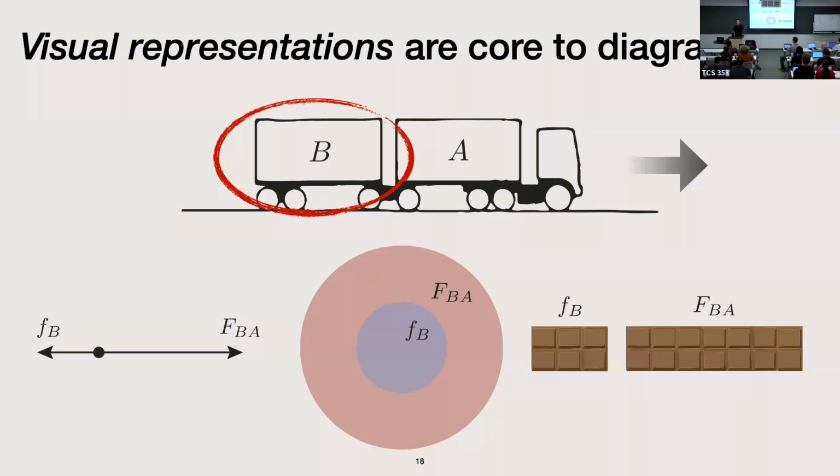And the chocolate bar one, I just came up with it and nobody will understand it unless I really explain it. So the point is this mapping from ideas such as forces with directions and magnitude to visual elements like arrows, points, and the directions of the arrows is visual representation and is a big part of diagramming to design good ones.